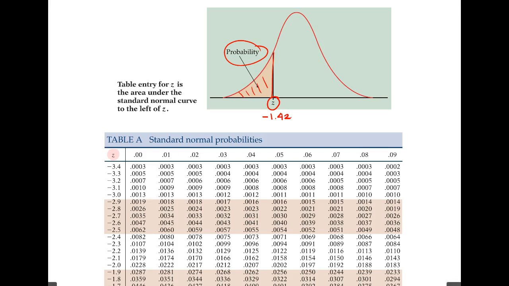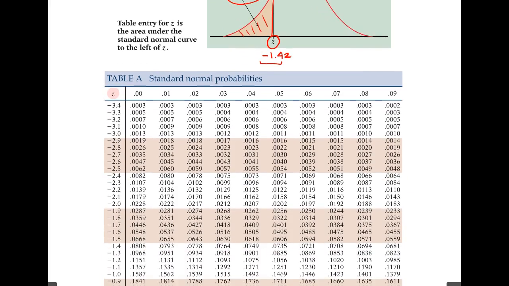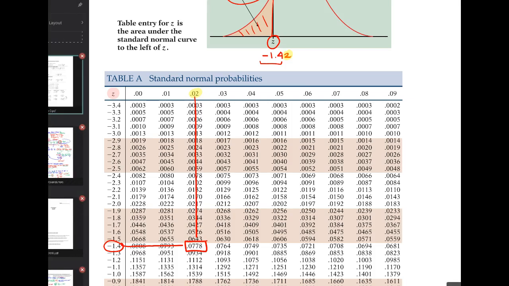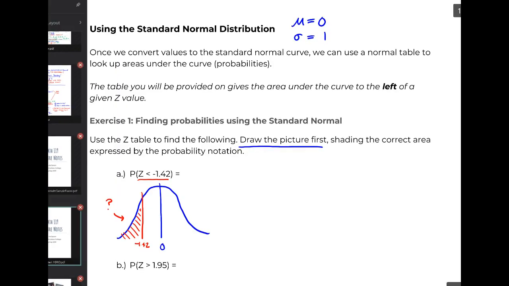You have the first 2 values of your z-score, so in this case are 1.4, negative 1.4, and then you have your last digit. So our last digit here is that 2, which is right there. And you're just going to figure out where those 2 pieces intersect. That's your probability. So that's how this table is set up. And that's all you have to do to find these probabilities. We've already got our answer, 0.0778.